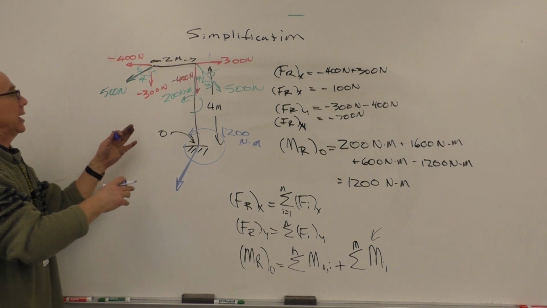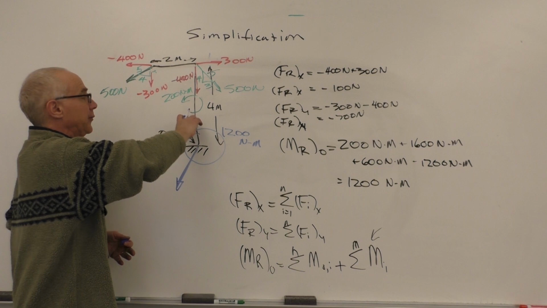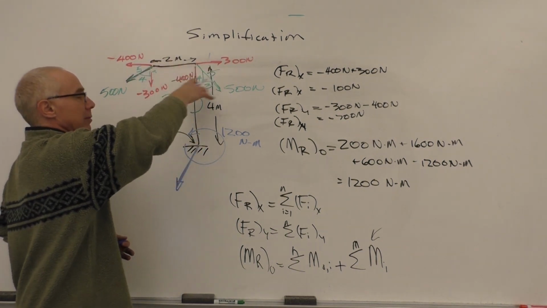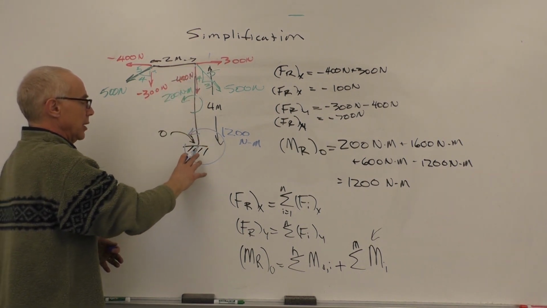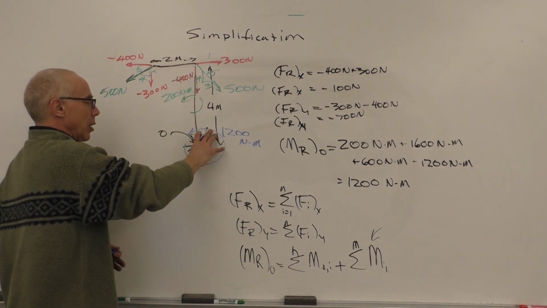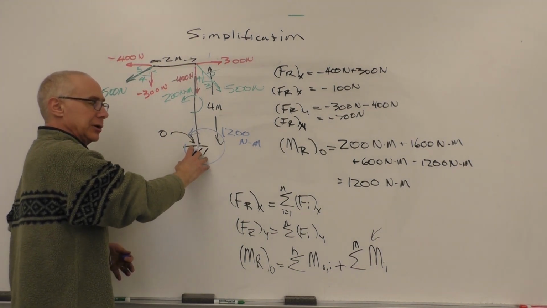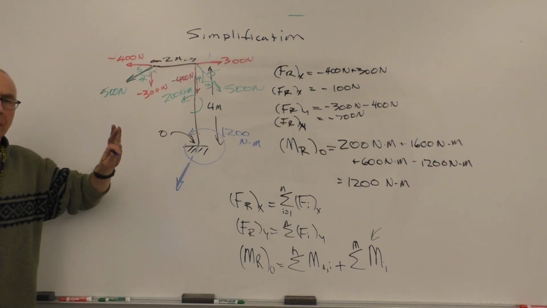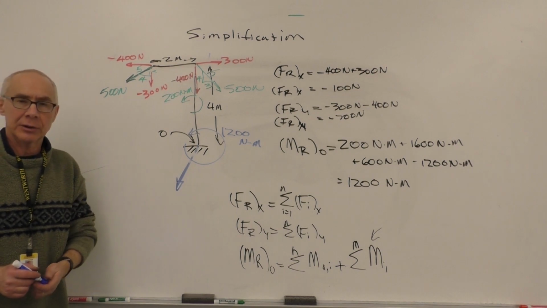So we took this complicated system, it wasn't that complicated. It had 2 forces, 1 couple moment, but we had many moments attributable to these forces, and reduced that all to 1 force and 1 moment that'll give us the same external support reaction as our complicated system. So that's our first exercise in looking at simplification.